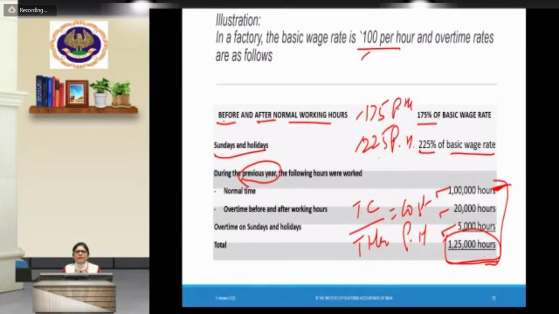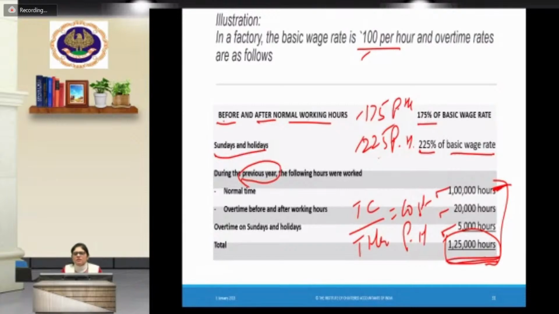Whenever we calculate the cost per hour, we should calculate the cost per hour under normal circumstances. And when overtime is also a normal circumstance, we should include overtime in calculating the normal cost per hour. So in the first case, the normal working hours in this company are 1,25,000 hours.